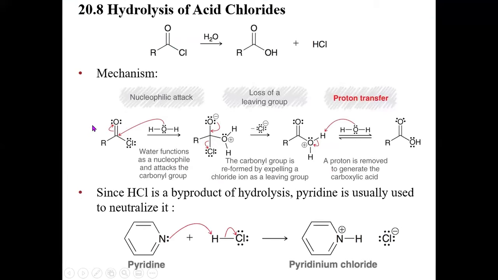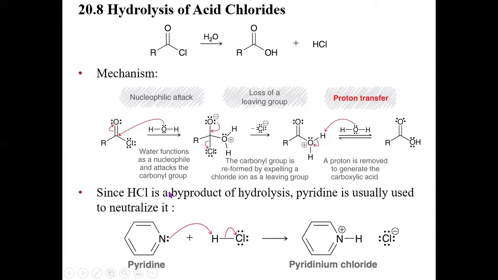So the mechanism again will be the nucleophilic attack of water to this halide and produce this intermediate. Then the leaving group here will be the chloride that abstracts the proton, producing the acid.